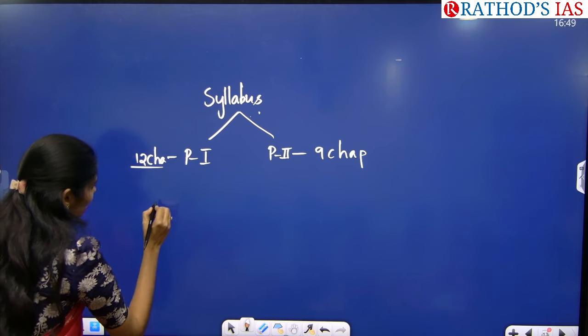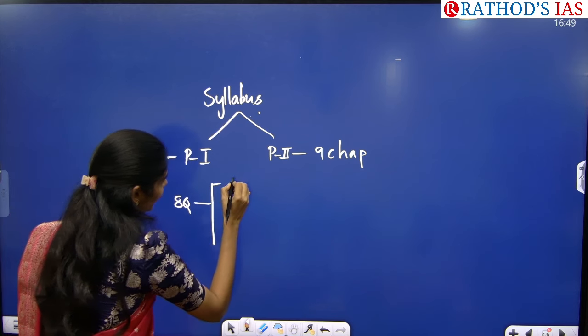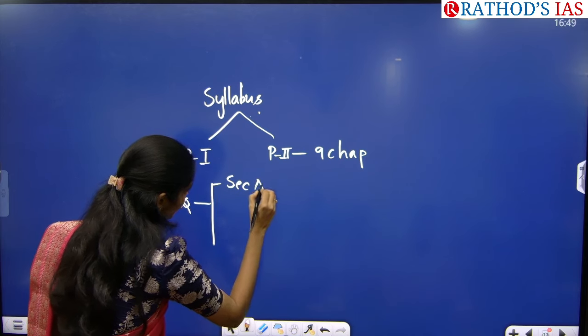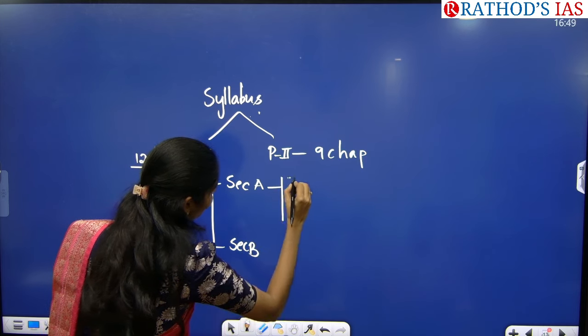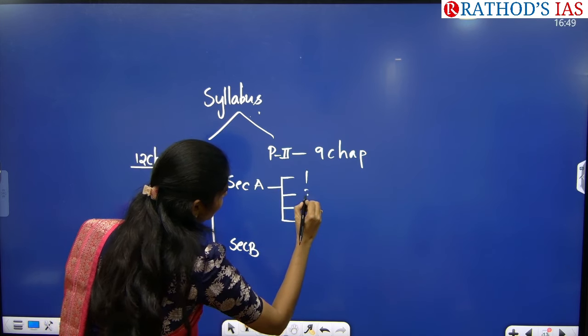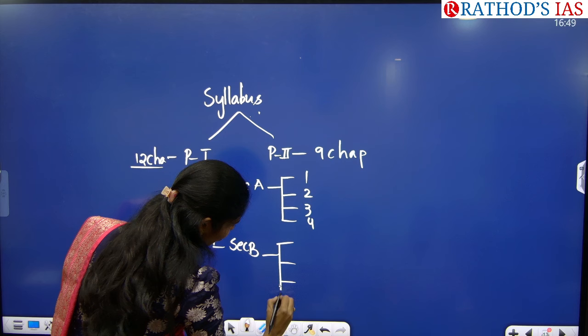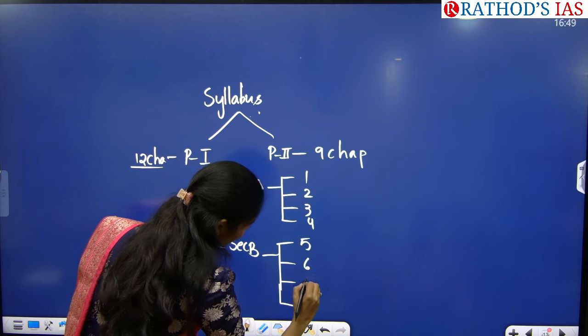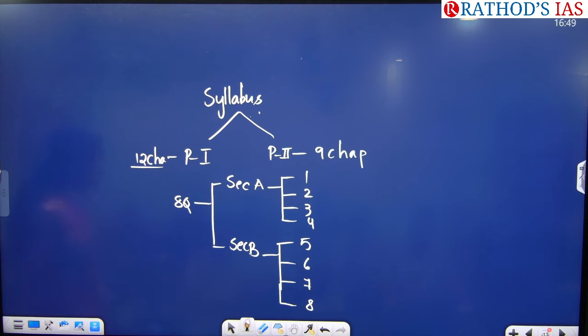And I said you will be getting 8 questions, right? So these 8 questions will be divided into section A and section B. In section A we have 4 questions, 1, 2, 3, 4. In section B also we have 4 questions, 5, 6, 7, 8. So you have to write 5 questions finally.